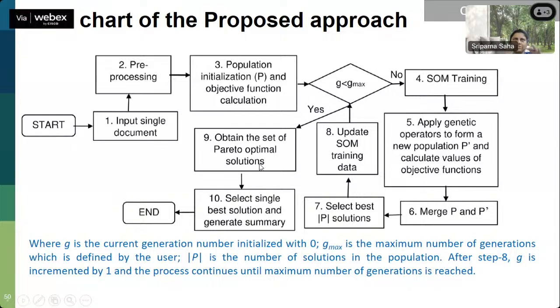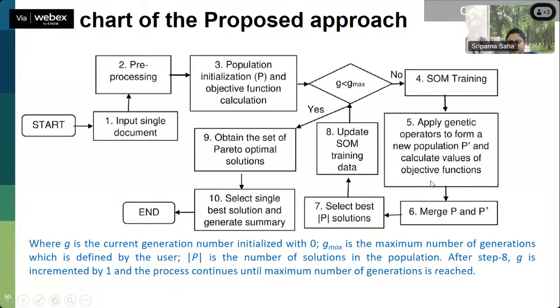Now here in the chromosome, we are encoding the sentences and we are directly selecting which sentences will be part of the summary. So this is the flow chart. There is pre-processing and population initialization. This is the binary chromosome. We are randomly initializing the chromosomes. And then there is some training data we are updating, and the other steps remain the same.